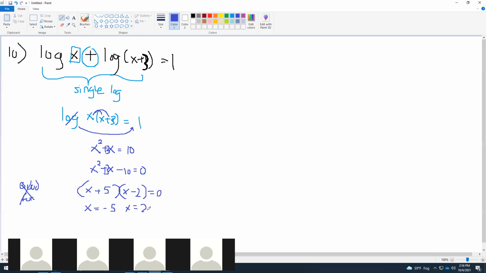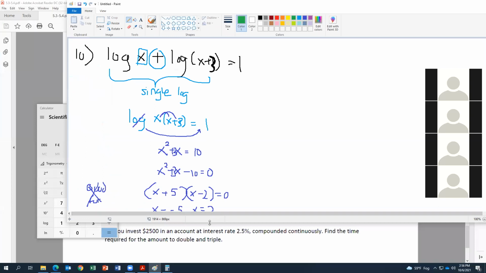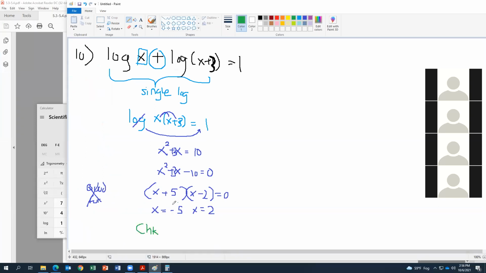And then you have to check. A lot of students in my test forget to check. So can you tell me which one of these is no good, or rejected? This will be rejected, so this is your answer.